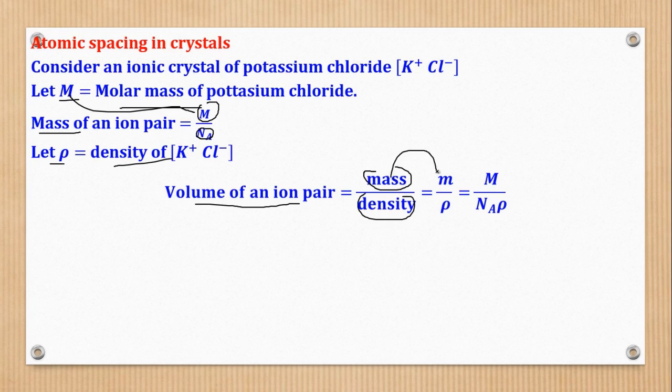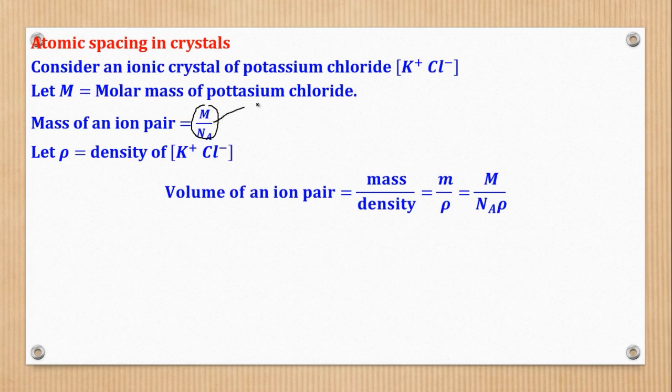Now mass is small m and density is rho. Now this M is different from this. This is capital M, which is molar mass, but this is the mass of the ion pair. And we have already got that mass of an ion pair is given by capital M over Na. So capital M over Na is mass divided by density to give you M over Na rho.